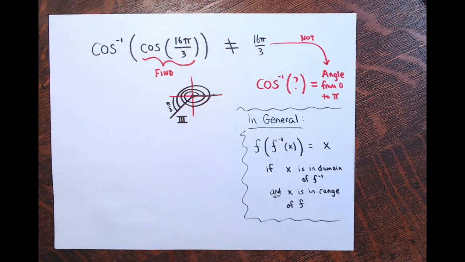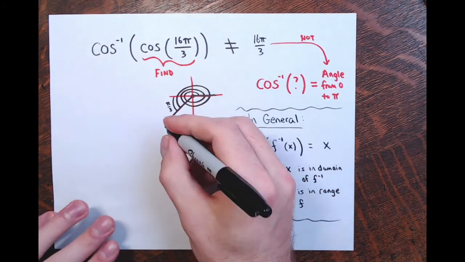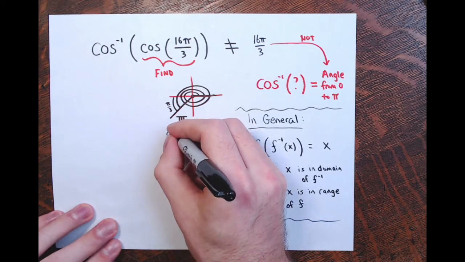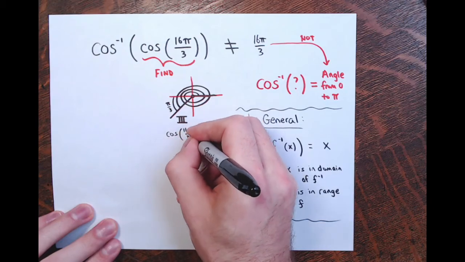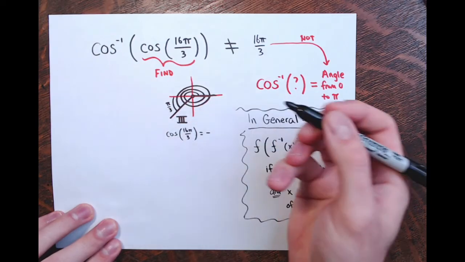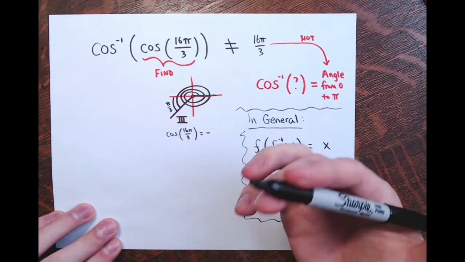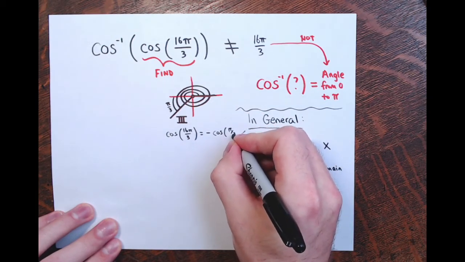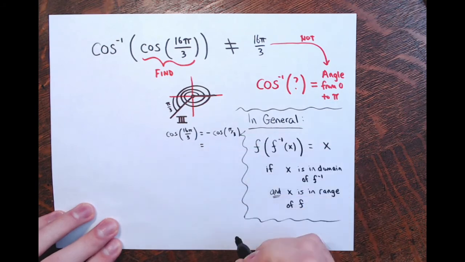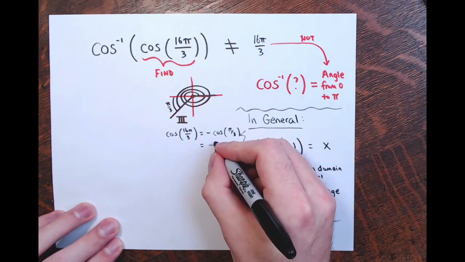So this is going back to like chapter 7 stuff. The cosine of 16 pi over 3 is going to be a negative number because I'm in quadrant 3, where x coordinates are negative, so cosine is negative. And then what's the cosine of the reference angle? The cosine of pi over 3, that's the cosine of 60 degrees. That's just a half, so this is negative half.